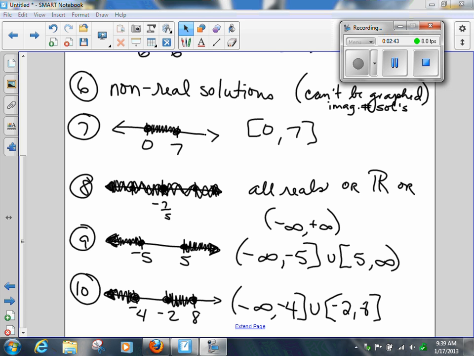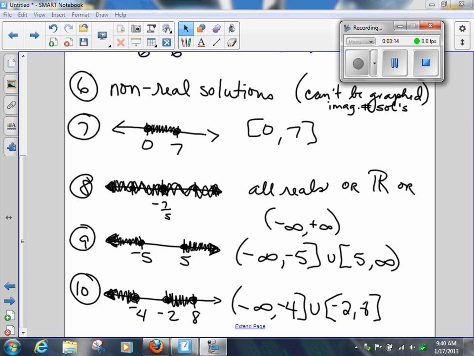On number 10, you have to split this up the way I have it split up, because the only values included on this number line run from -infinity to -4. That's the first little piece on that graph. Then it jumps to the interval that includes -2 all the way up to and including 8.